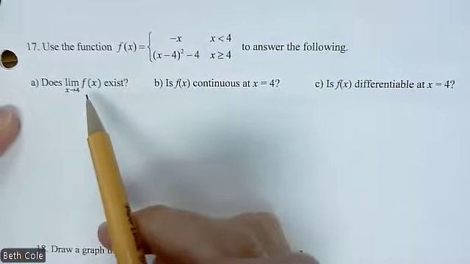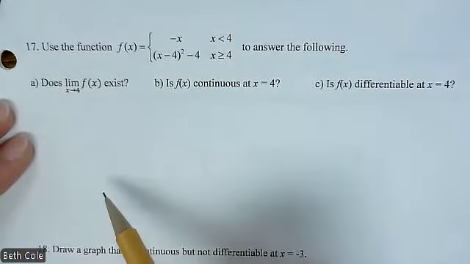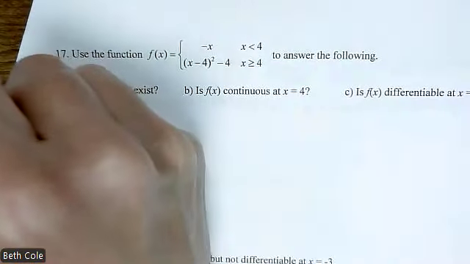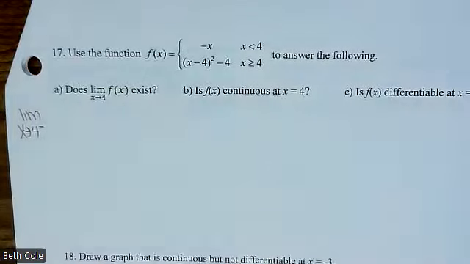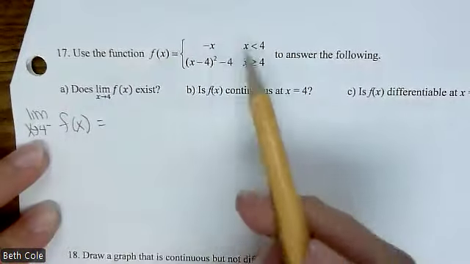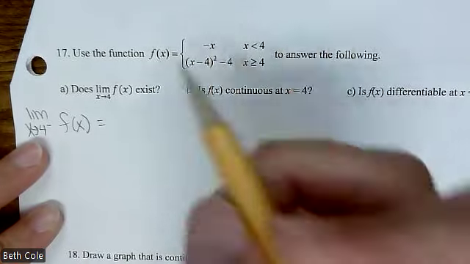Piecewise function. Are you okay? I'm good. Okay. No, you're fine. I just want to make sure you don't hurt your hand. Does the limit as x goes to 4 exist? You're going to have to go from the left and the right because it's piecewise, all right? Limit x goes to 4 from the left. What do you get? Oh, I guess I should write f of x. Good notation here. What do you get if you plug in 4 to the first piece of the function? -4.